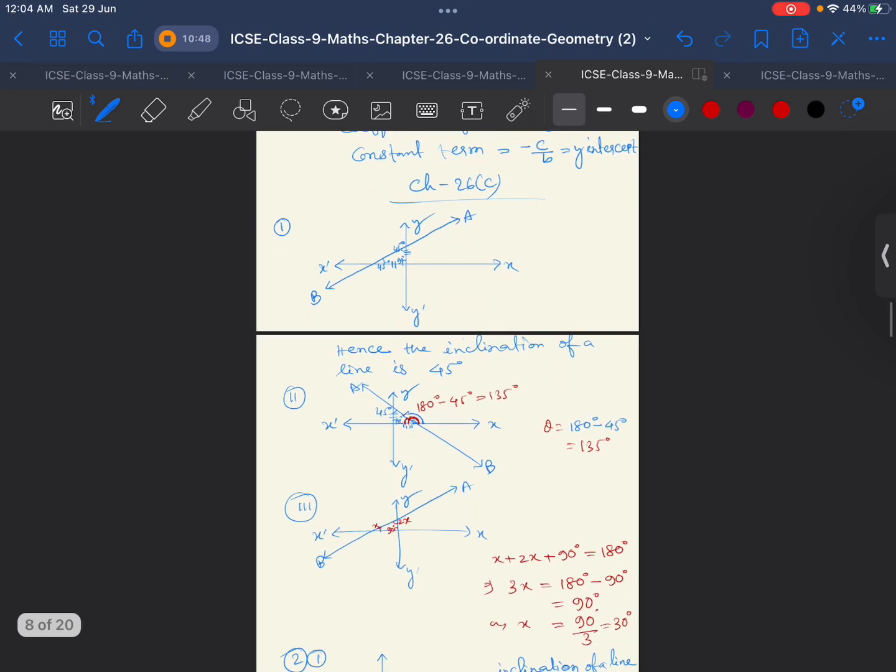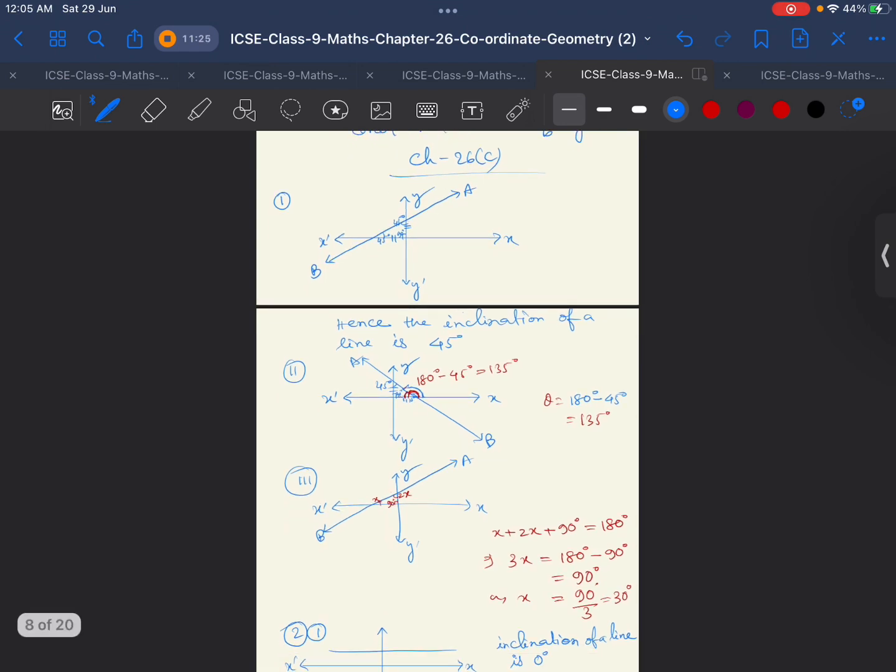So the first question is here. Question number 1. In each of the following, find the inclination of a line AB.